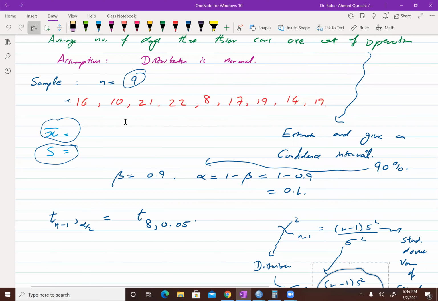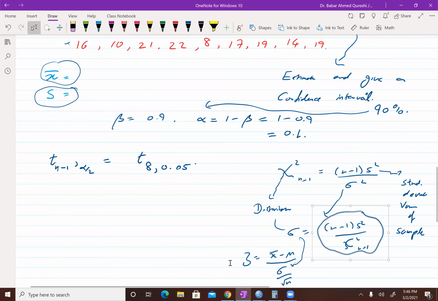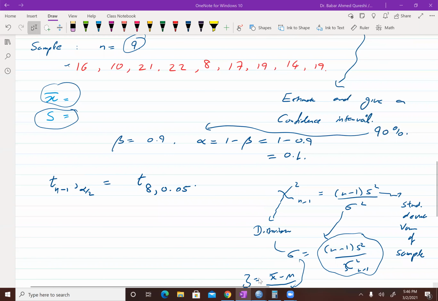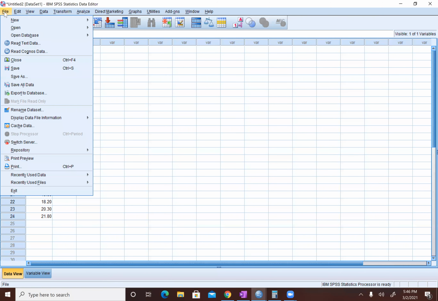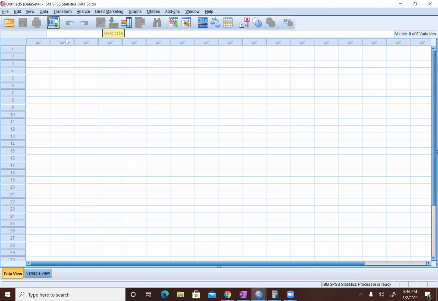So this is our data, and we want to compute these things. So this is the SPSS window. This is some other data which I'll use later. So I can just open a new data, and then you have these columns.